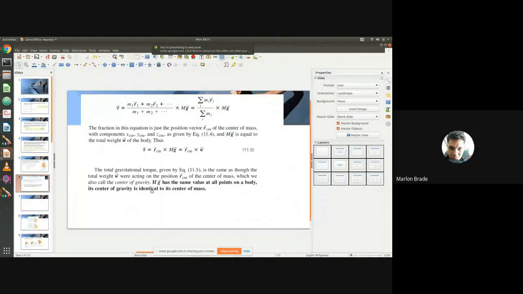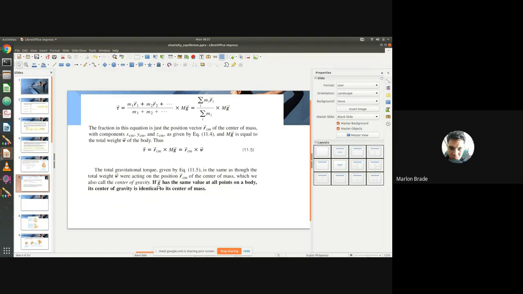Okay, so now the total gravitational torque given by the equation is the same as the total weight W acting on the position R_CM of the center of mass, which we also call the center of gravity.